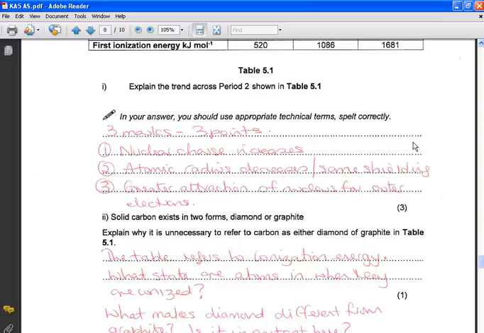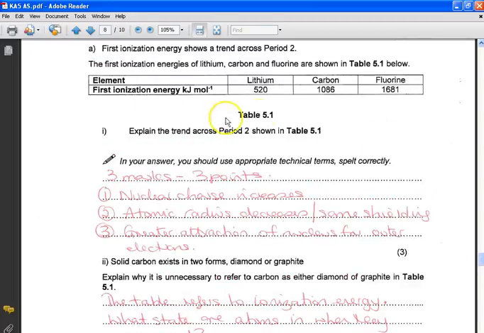So here for your 3 marks, you've got to point out that nuclear charge is increasing, atomic radius is decreasing, or if you said that the shielding is the same, you would have been allocated a mark, which leads to the fact that there is a greater attraction of the nucleus for the outer electrons, which explains quite clearly then why ionization energy increases as you go across a period.